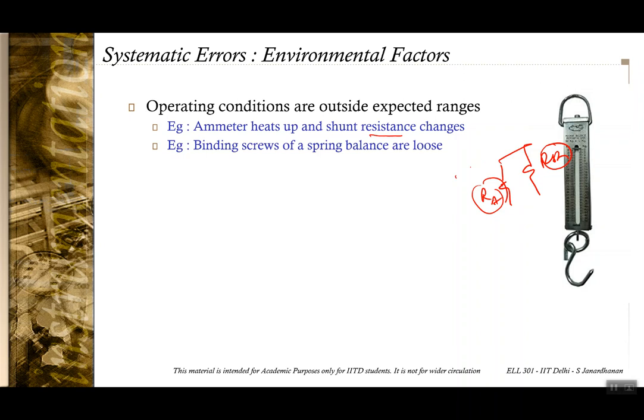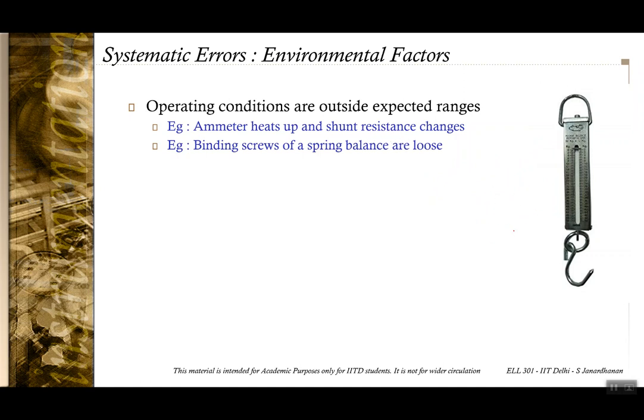A different proportion of your input current I is going to the ammeter compared to what it was originally calibrated for. Okay, that would make an error in the ammeter reading. So that becomes one source of error.